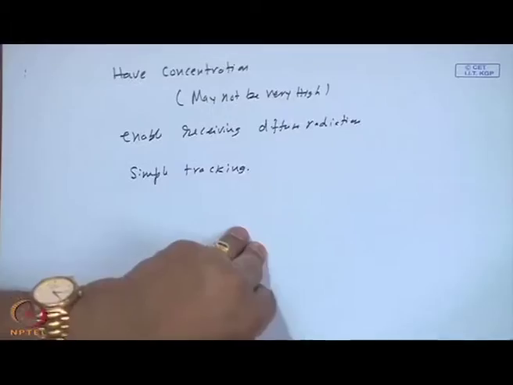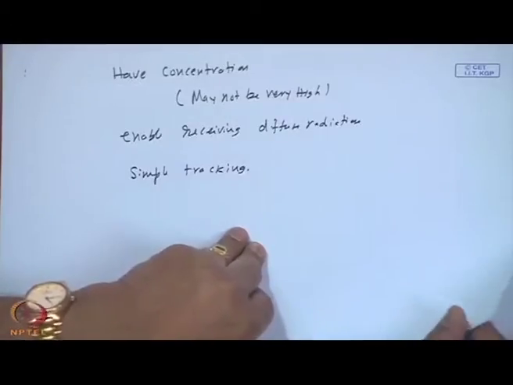So, if you have a simple tracking and then the concentration ratio is not very high, we may get away combining the advantages of a flat plate collector, mainly of accepting diffuse radiation and minimal tracking, yet providing a higher temperature working fluid that is being delivered by the concentrating collector.